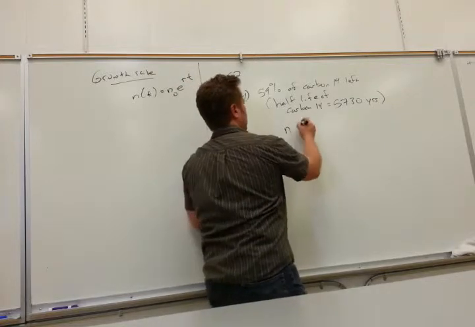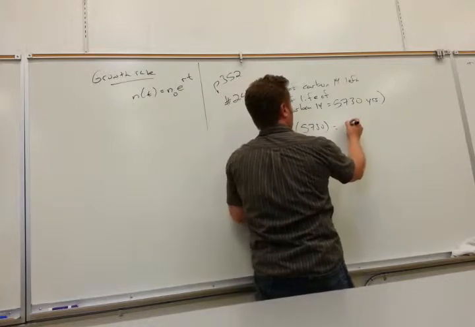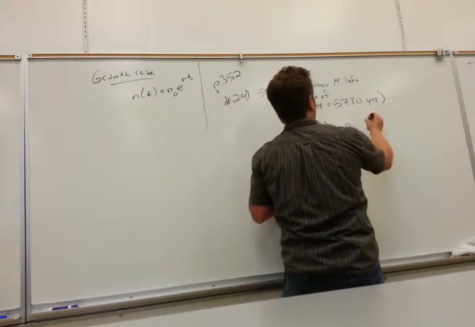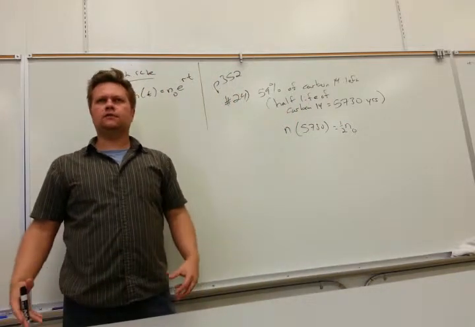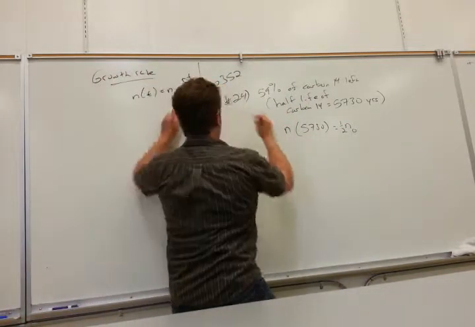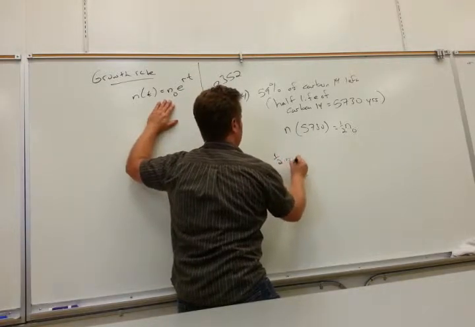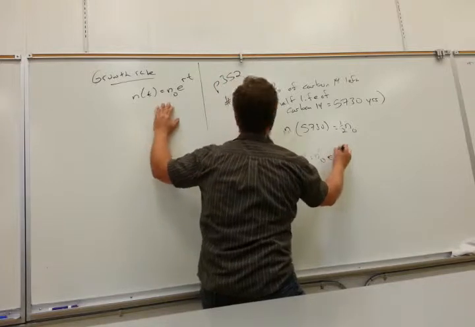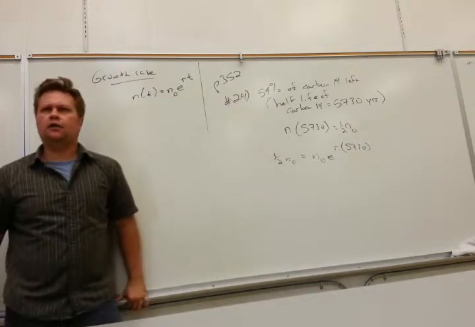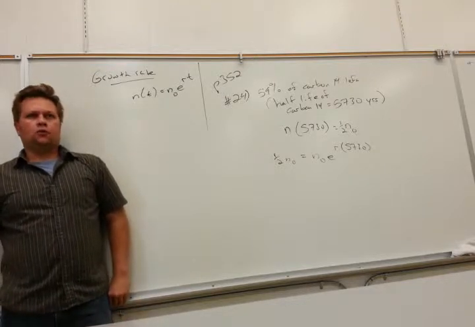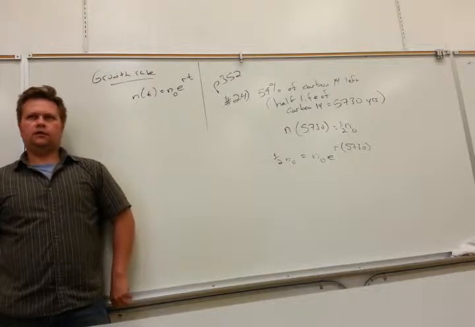So if I said after 5,730 years there were half of what was originally there, that's what that means. Then I can use this formula. That means that N of 5,730 is 1/2 of N naught, which equals N naught e to the r times 5,730. Let me just stop there, let you absorb that.